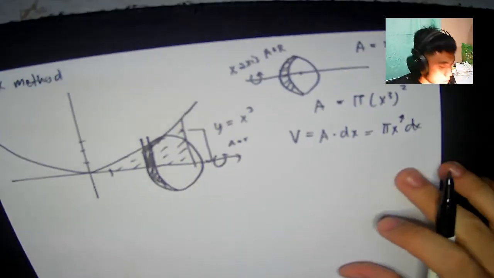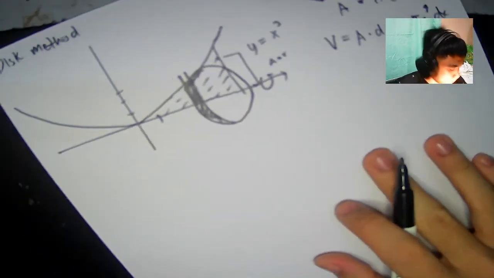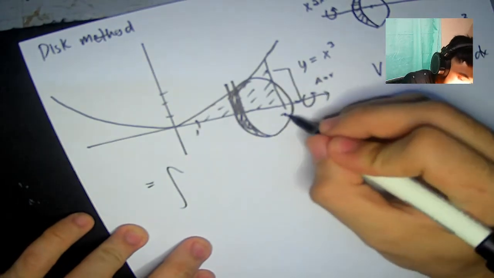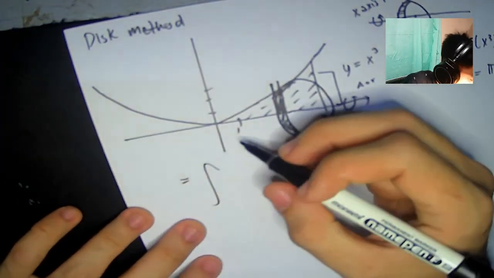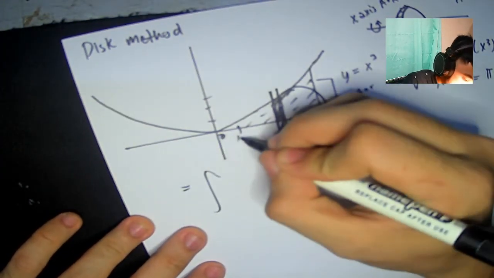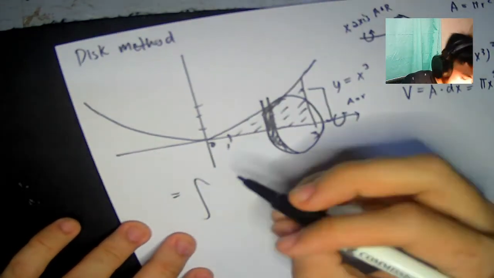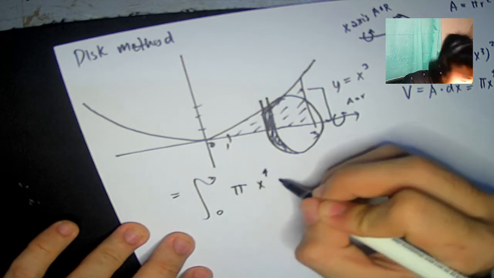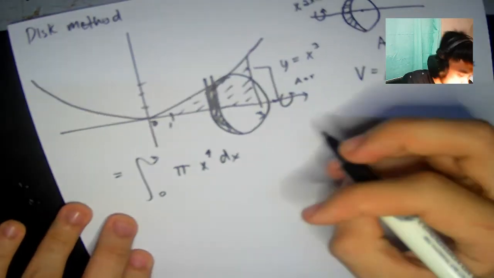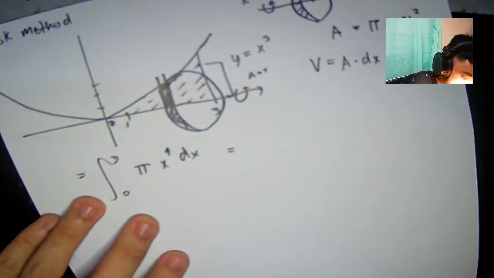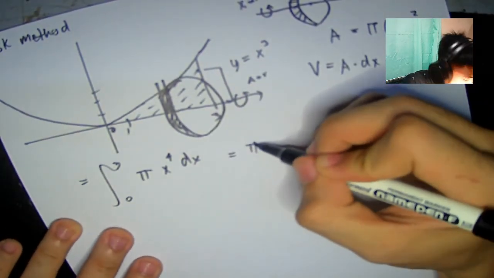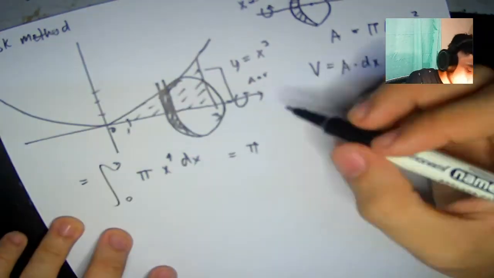Okay, let's solve. Let's do limits. This is 1, this is 3. So sorry, I mean from 0 to 3 of pi x to the fourth dx. So let's integrate and substitute back our function. So just put pi outside.